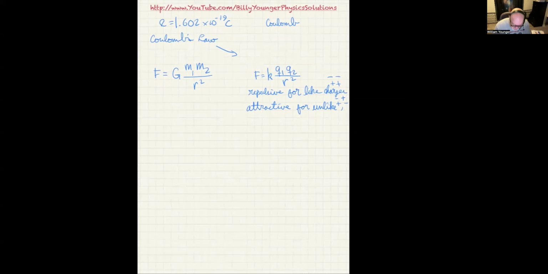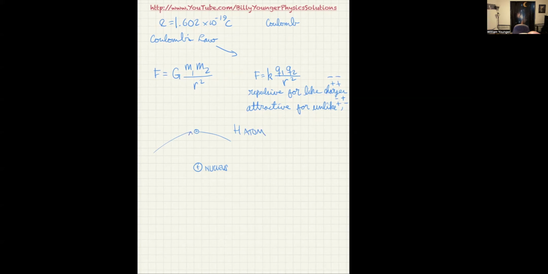Okay. So as I said, for extra credit, you can consider the mass of the nucleus of the hydrogen atom, which is just a single proton, and the electron orbiting it in the hydrogen atom.